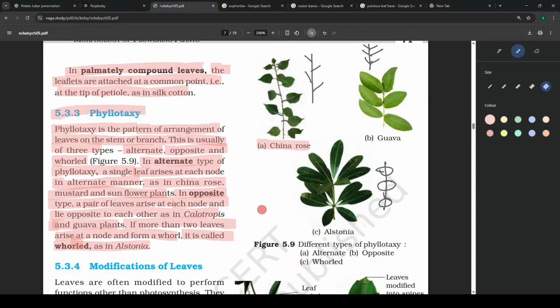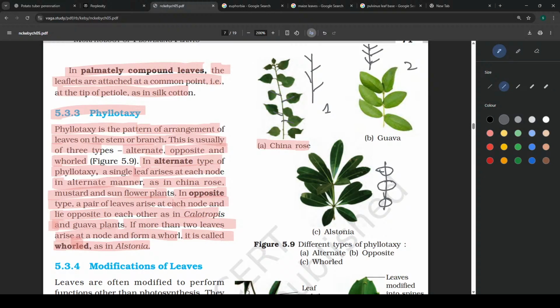The definition of whorled phyllotaxy is if more than two leaves arise at the same node. In case of alternate phyllotaxy, only one leaf arises at a single node. These are nodes, and only one leaf arises at a single node. In case of guava plant, two leaves arise at a single node.